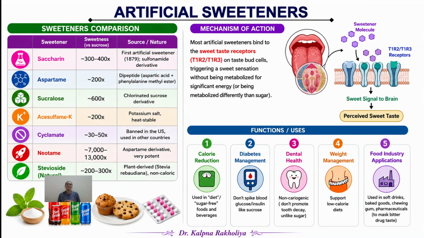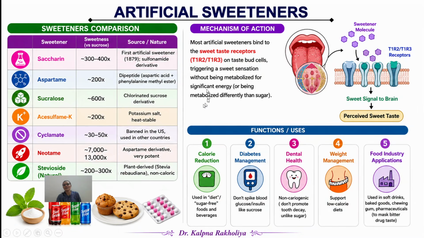These are some examples of artificial sweeteners: saccharin, aspartame, sucralose, neotame, stevia. These are many times sweeter as compared to sucrose. They are used in the food industry, as well as by diabetic patients.